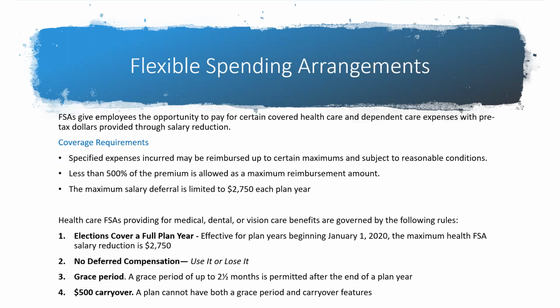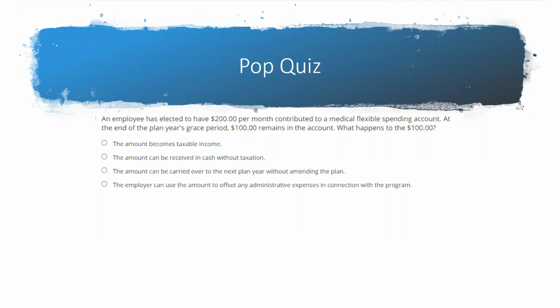We have another pop quiz. An employee has elected to have $200 per month contributed to a medical flexible spending account. At the end of the plan year's grace period, $100 remains in the account. What happens to that $100?